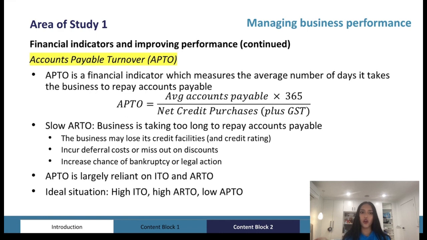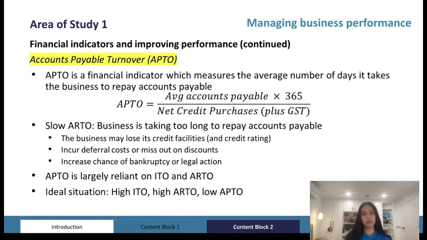But instead, what you want your accounts payable turnover to be is like 29 or 28. So kind of slow, obviously, because within 30 days, that's pretty slow. It's on the higher end, but it's not exceeding credit terms.